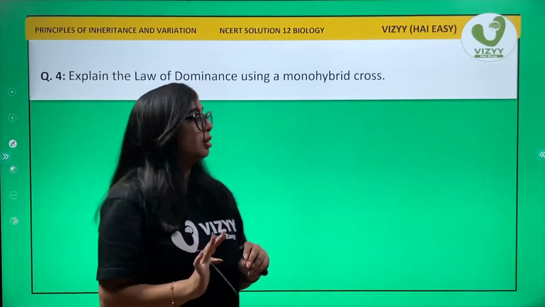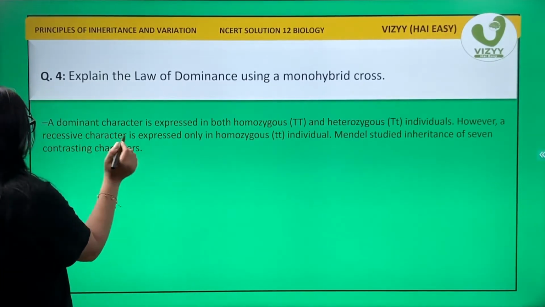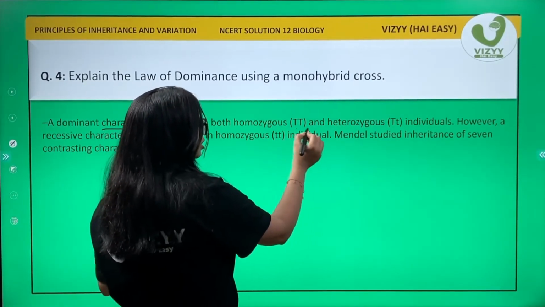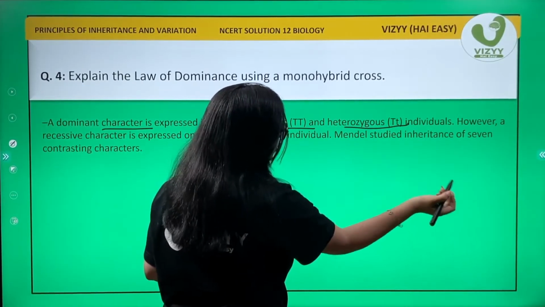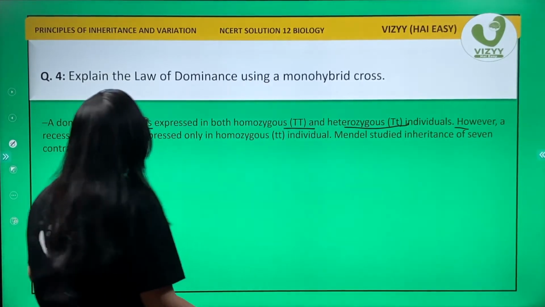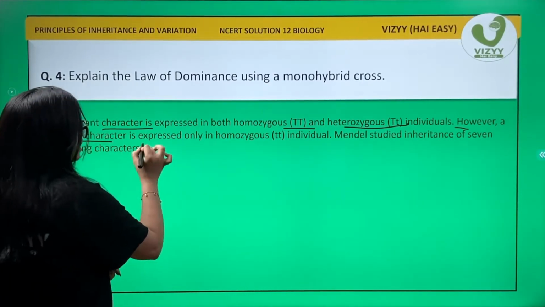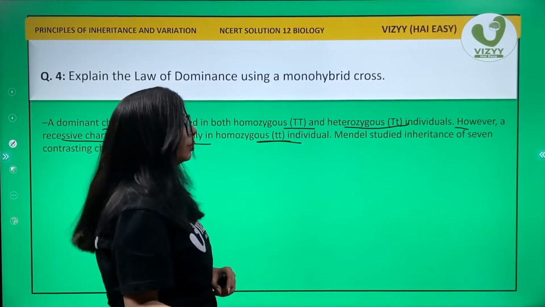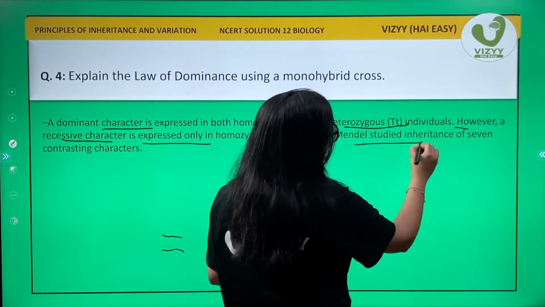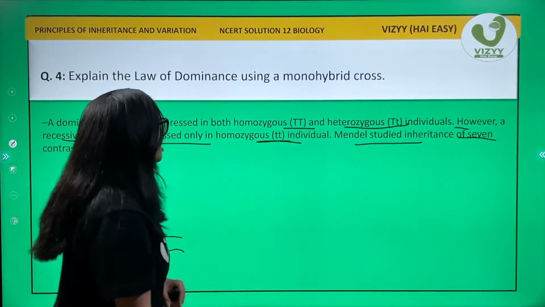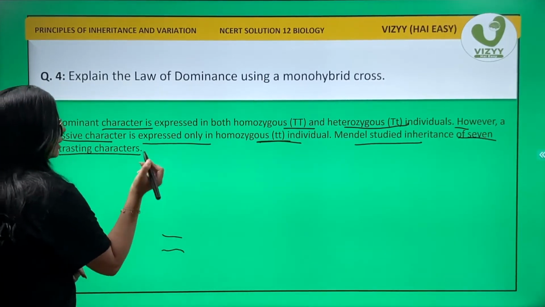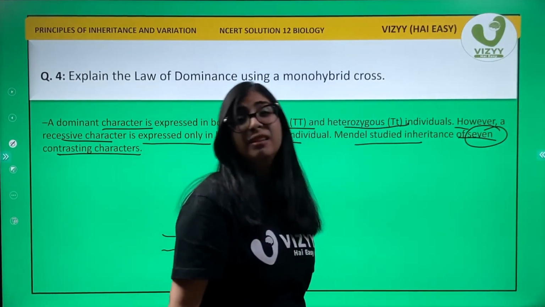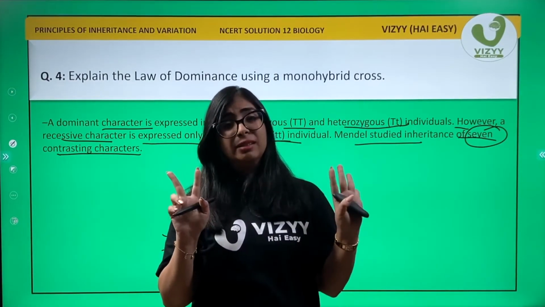Going ahead, a dominant character is expressed in both homozygous and heterozygous individuals. However, a recessive character is expressed only in homozygous individuals. Now, Mendel studied inheritance of 7 contrasting characters. So, Mendel studied how many characters, students? 7 characters.